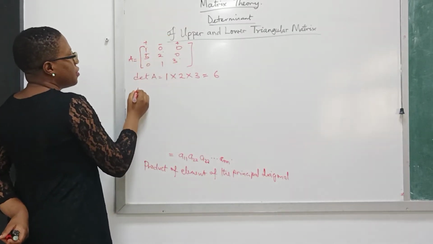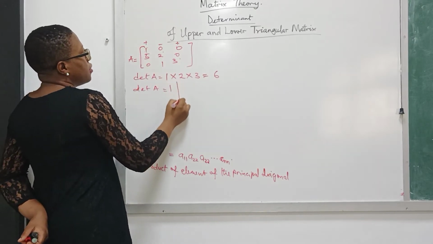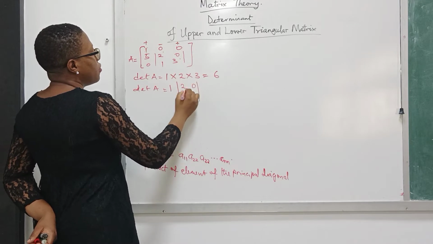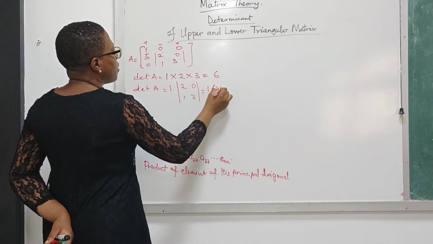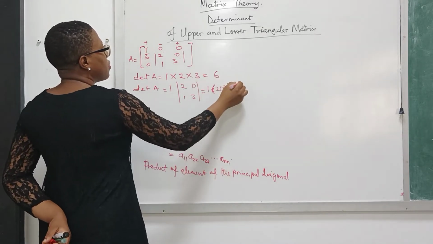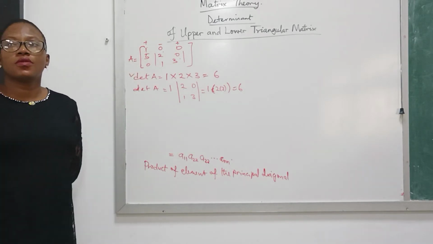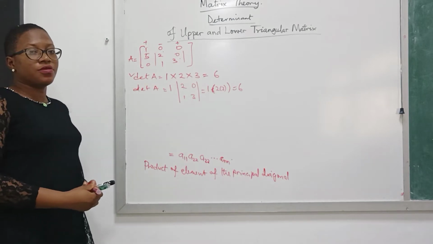So I would just have the determinant of A equal to 1 multiplying the determinant of 2, 0, 1, 3, which is 1 times 1 into bracket 2 times 3 minus 0, which is 6. But this way is easier. Knowing that theorem is easier. If you like, you can go ahead and prove the theorem.